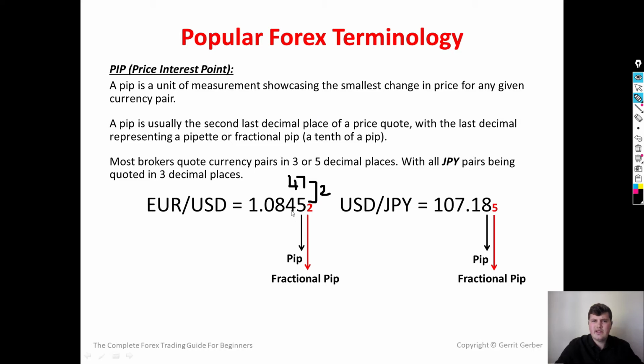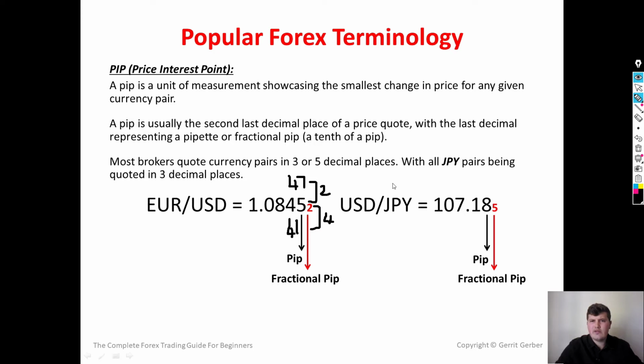And if price decreases from 45 to, let's say, 41, then that would be a decrease of 4 pips. And we don't even consider fractional pips. We don't say it's a change of 1.2 pips. We only refer to the pip value.